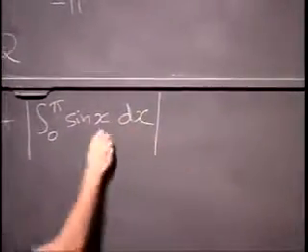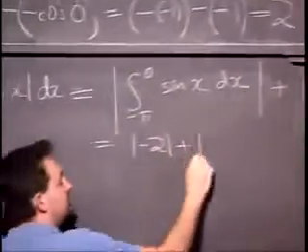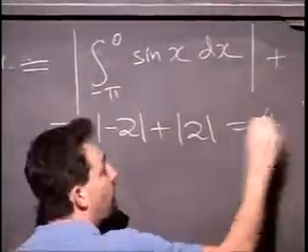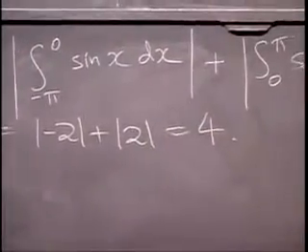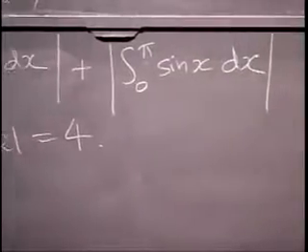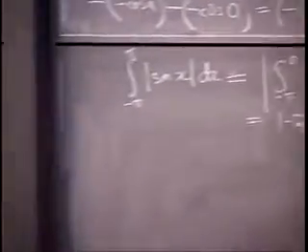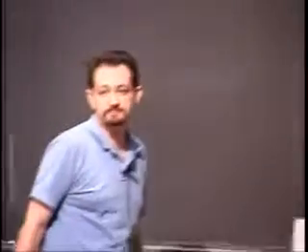Of course, I don't really need this one since it's positive. Get the absolute value of minus 2 plus the absolute value of 2, which of course is 4. If you leave out those absolute values, you will get 0. That will give you the signed area. Okay, so the actual area in either of those pictures above that I had is 4.